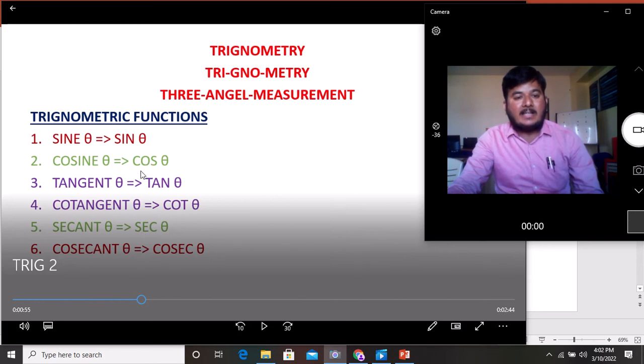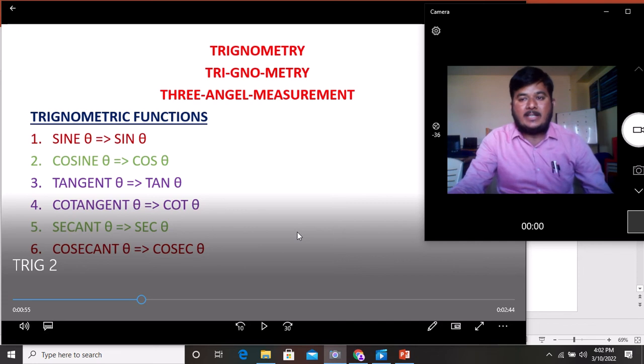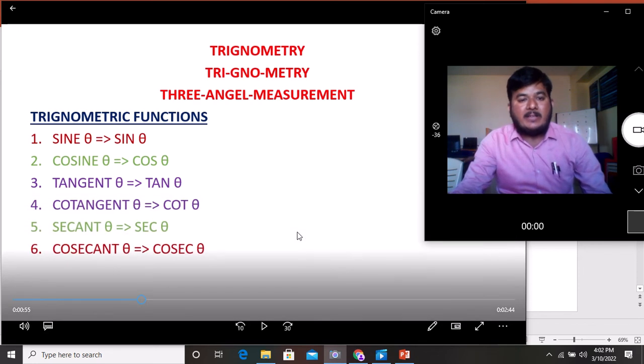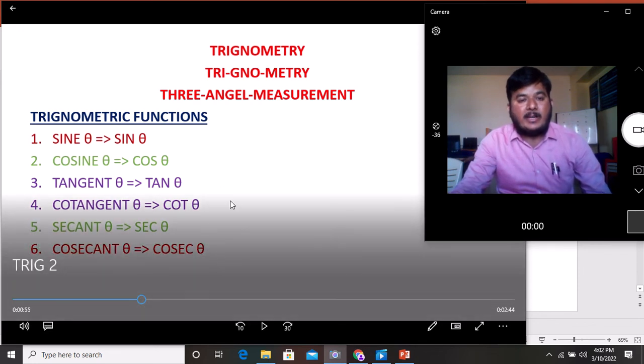Because cos theta is already present, cosecant takes five letters and is called cosec theta. These are the six trigonometric functions we are going to use extensively in future applications of mathematics and engineering.